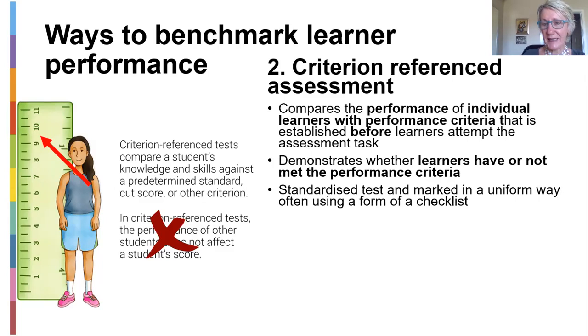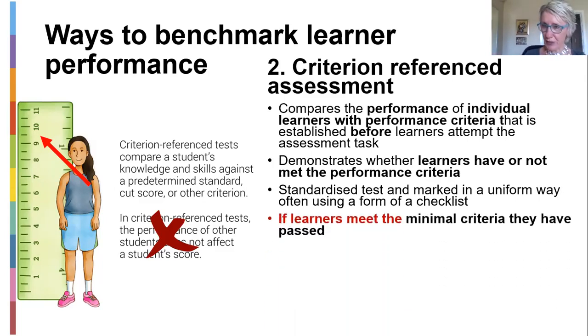I use a standardized test and I mark it in the same way, using a checklist to make sure I've included all the criteria. And then if the learner meets the minimal criteria, they will pass. So if I say they need to get 60 as minimal, if Sally gets 55, she fails. But if she's got 95, she's actually passed. So you decide on the minimal criteria.